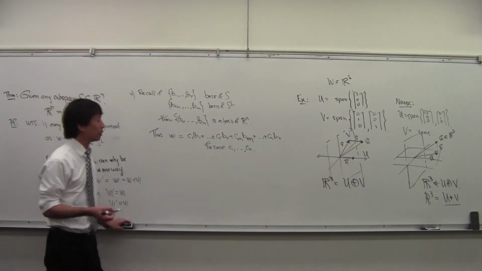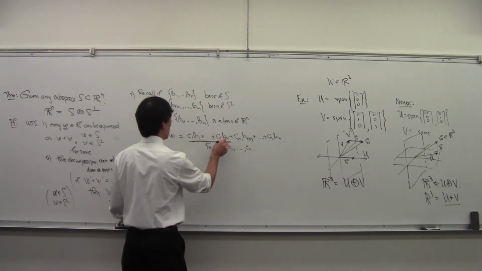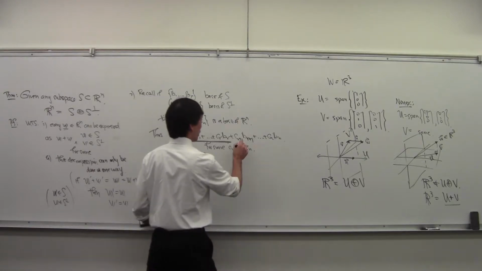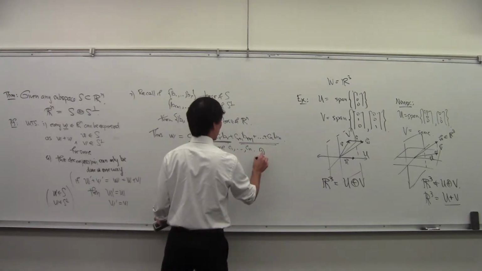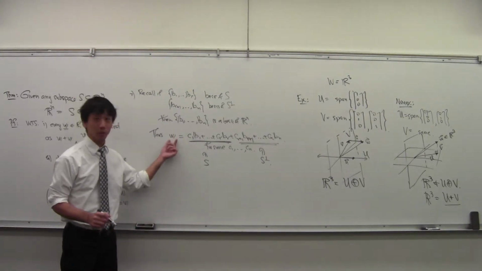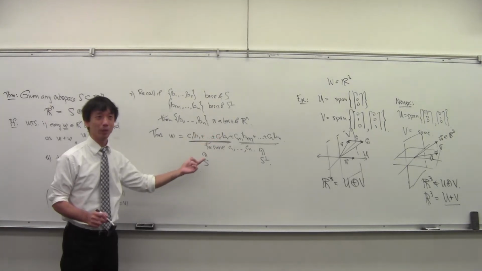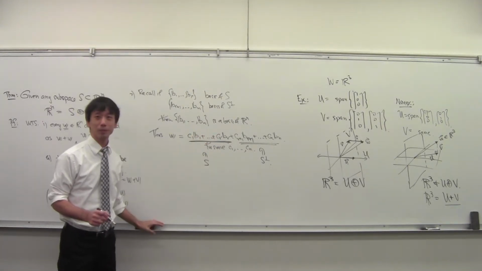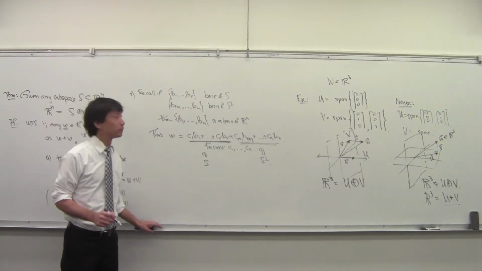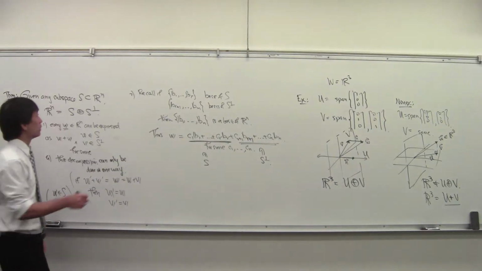But then you say, look, the first part is in S, and the second part is in S perp. So there's a way of breaking this up into the sum of something in S and something in S perp. So yeah, that was the key to it.